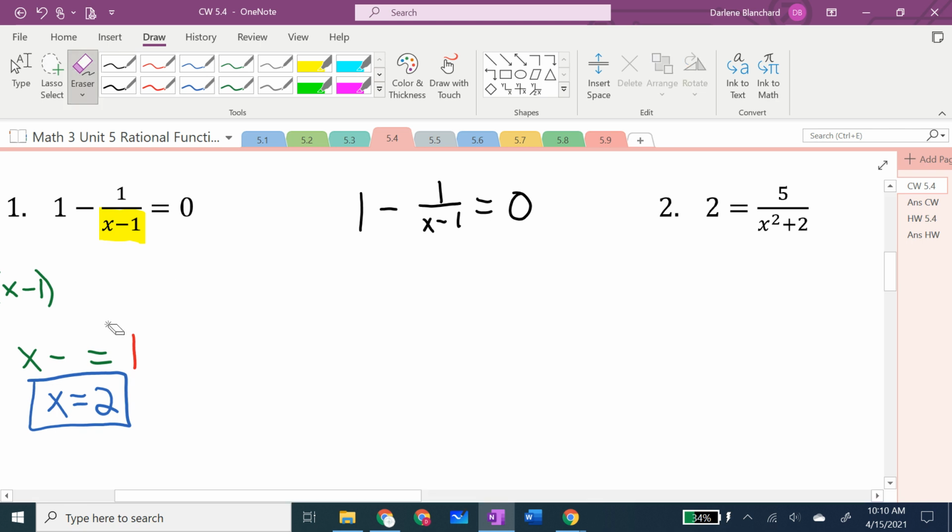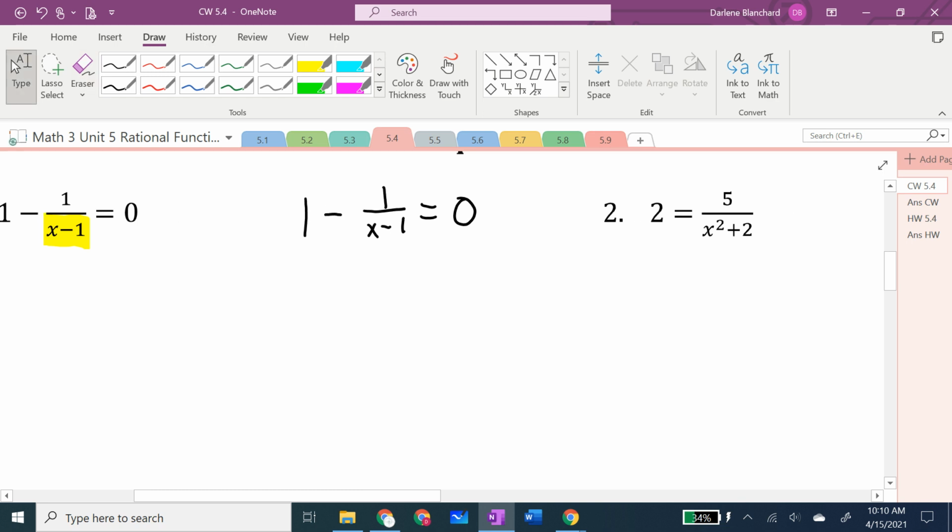So you're just looking at this, going, what do I do? You've got a denominator. You need to multiply both sides by that denominator.